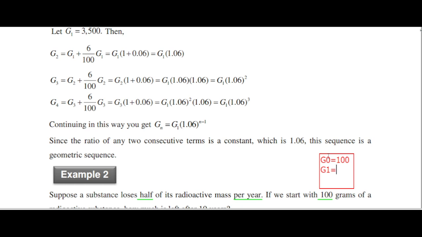G1 will be 100 times 1 over 2. Again, let's calculate G2, which is equal to 100 times 1 over 2 to the power of 2. That means this is equal to 50.